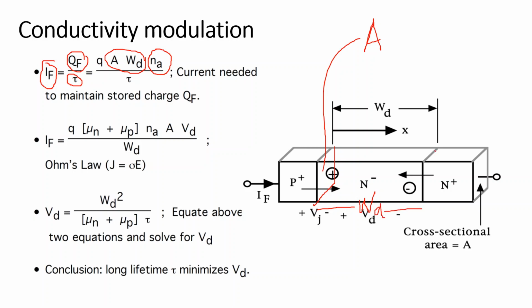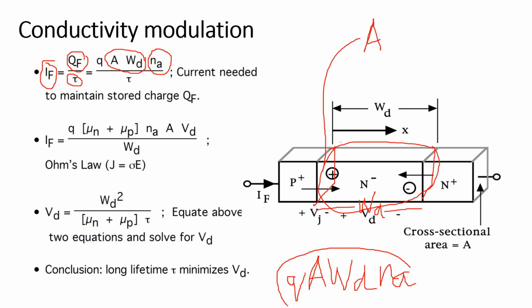So what is the total volume of this drift region? This will be A times WD. This is the volume multiplied by the density of the charges. So these are the number of charges, and each hole has Q charge on it. So this is the total charge QF divided by tau, so we get this IF here.